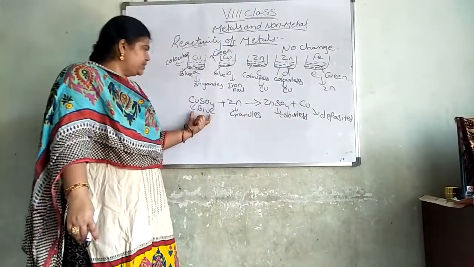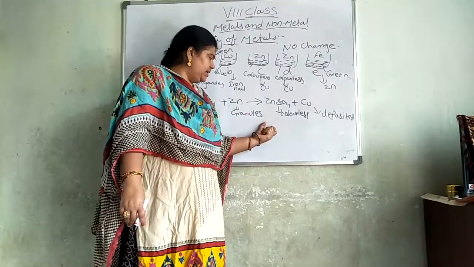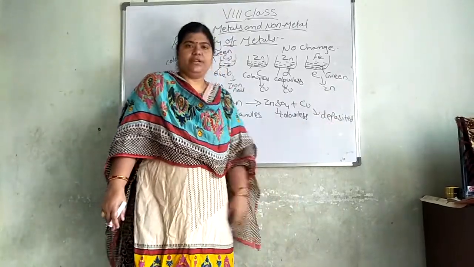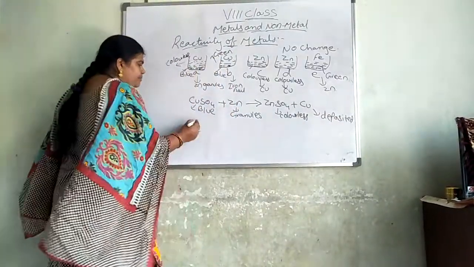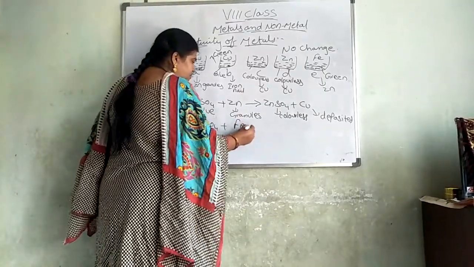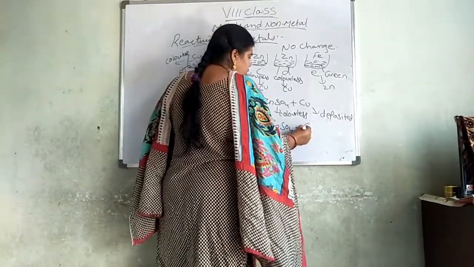What is the color of copper sulfate? It is blue in color. When it reacts with zinc granules, it changes to zinc sulfate, which is colorless, and copper will be deposited. What is the next one? Copper sulfate when it reacts with iron gives rise to iron sulfate plus copper.